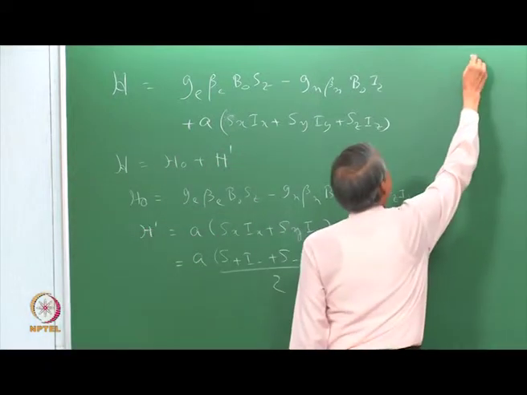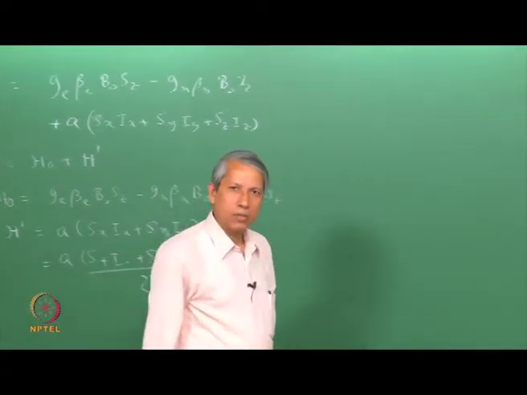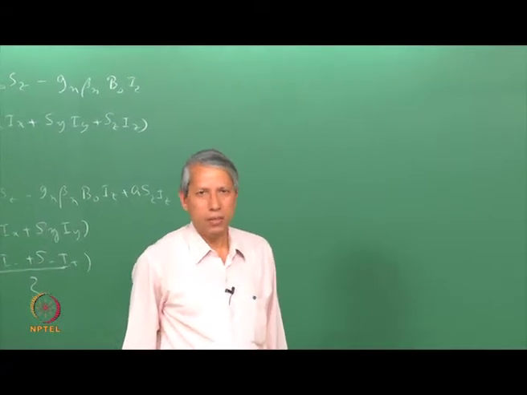So, for that the eigenstate can be thought of as a product function of the electron spin and the nuclear spin.